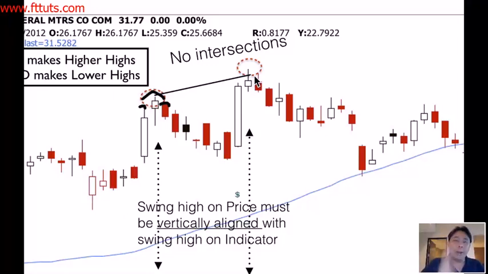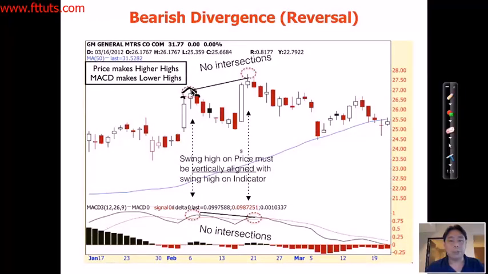So you never know when it's a swing high until the next candle closes. And only when the next candle closes at the lower high do you know that, wow, that's a swing high, okay? So when this candle closes, you know that's a swing high, and you can proceed in connecting those 2 points. And again, you vertically go down and see that, hey, is the indicator making the opposite direction, right? Higher highs and lower highs.